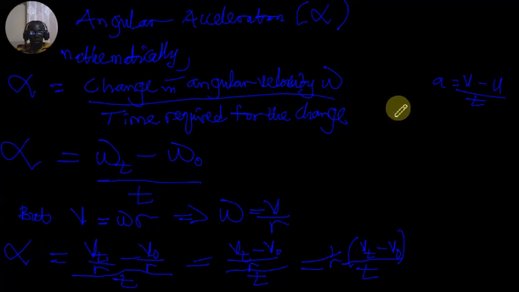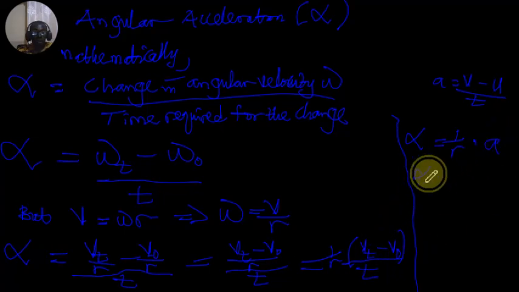So therefore you can say that angular acceleration alpha now becomes 1 over r dot this, vt minus v naught over t, which becomes a, which is linear acceleration. So if you cross multiply, this will be a over r.